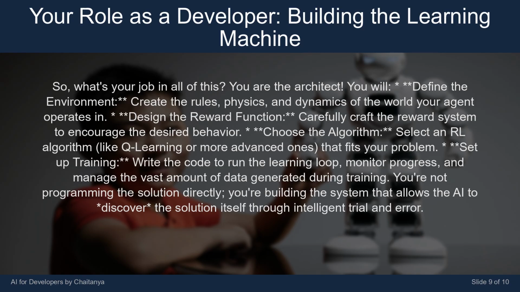Choose the algorithm: select an RL algorithm, like Q-learning or more advanced ones, that fits your problem. Set up training: write the code to run the learning loop, monitor progress, and manage the vast amount of data generated during training. You're not programming the solution directly. You're building the system that allows the AI to discover the solution itself through intelligent trial and error.